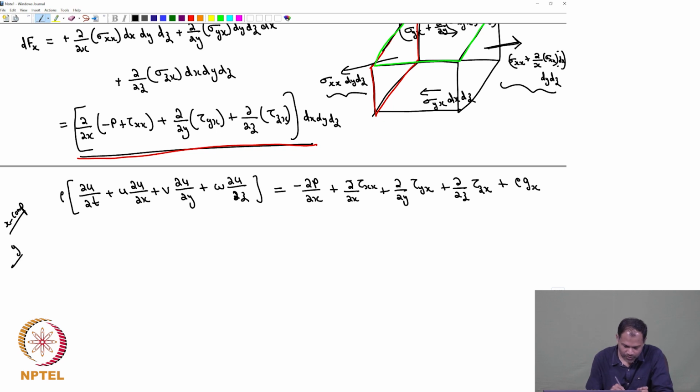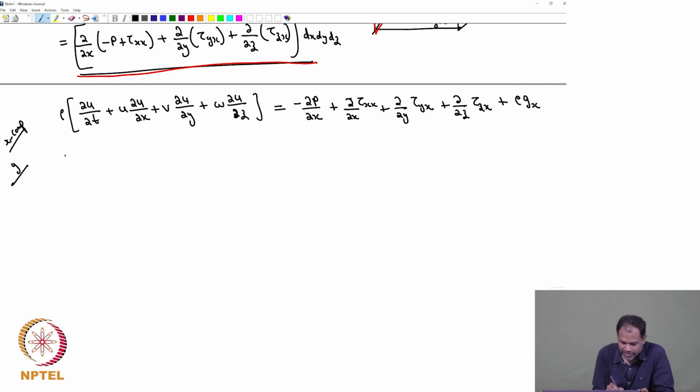Similarly, we can write down the y part. I'll just write down ρ times, now we are talking about the y component of velocity.